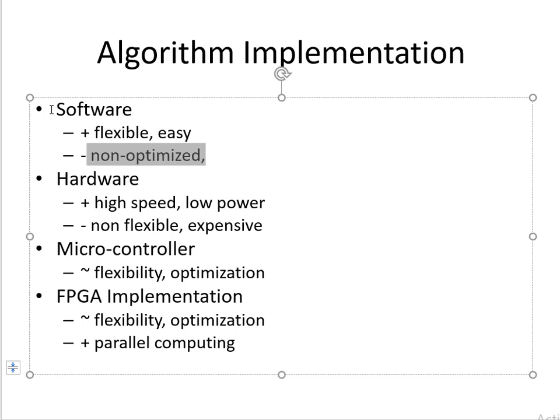The other method for algorithm implementation is hardware implementation. It means that we implement this algorithm by designing an IC, an integrated circuit, specifically for this kind of algorithm. This method has some advantages and disadvantages too. The advantages of this method are its speed and power consumption.